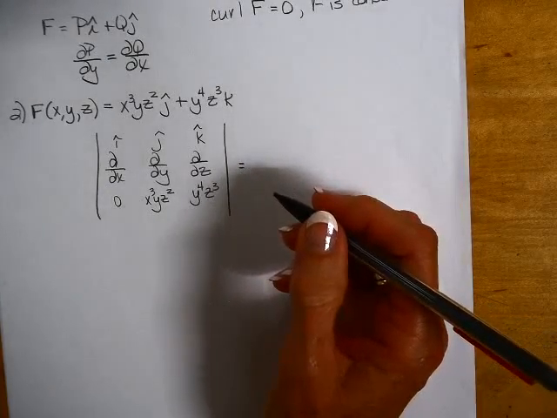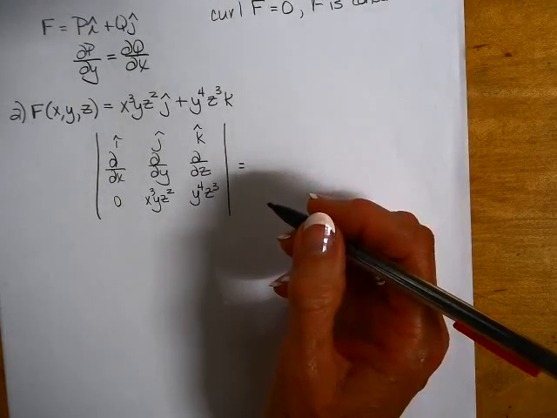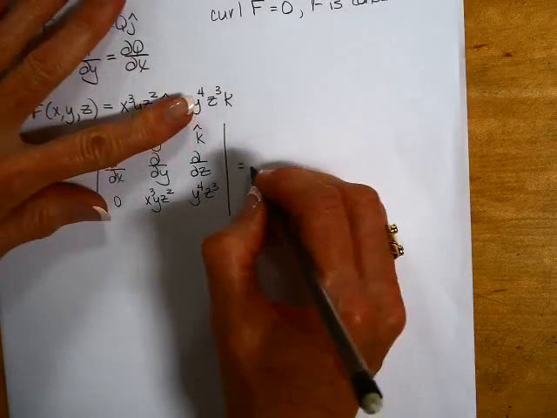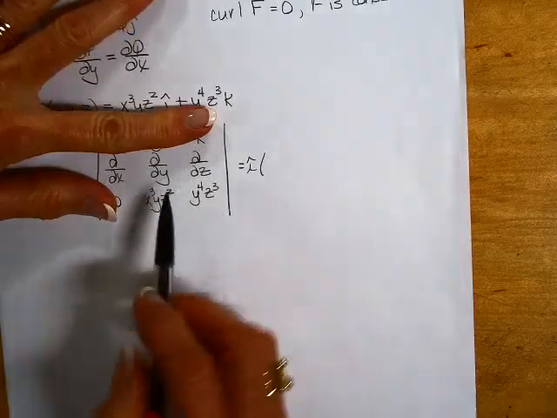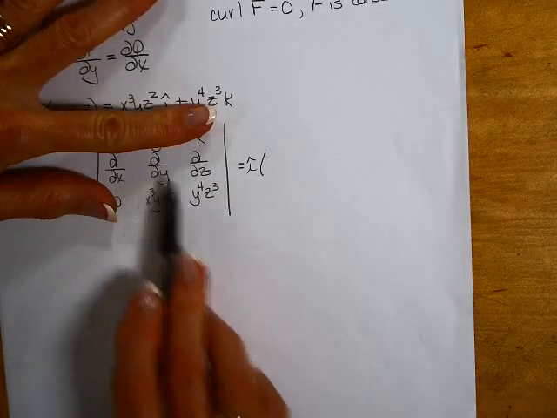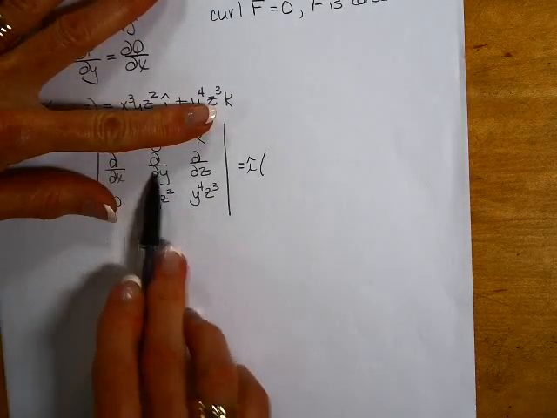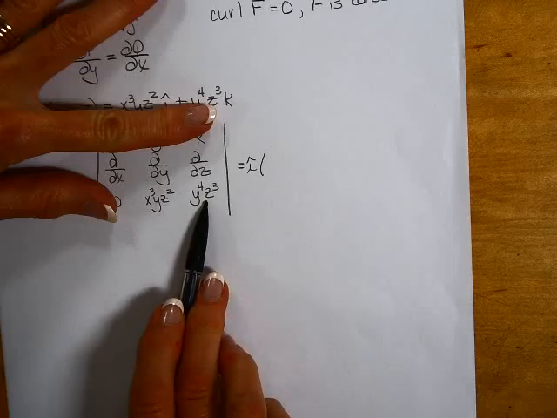Okay, I do cofactor expansion. I've forgotten how y'all do this, but that's what I do. So I have i multiplied times, when you multiply these two, this means take the partial of this with respect to y.